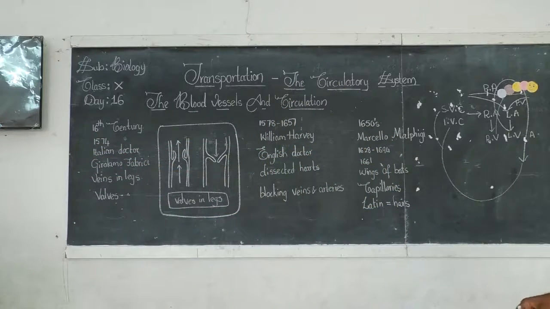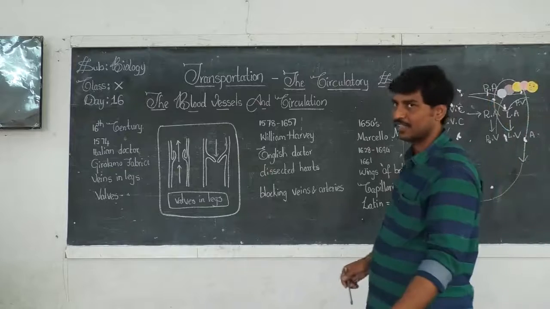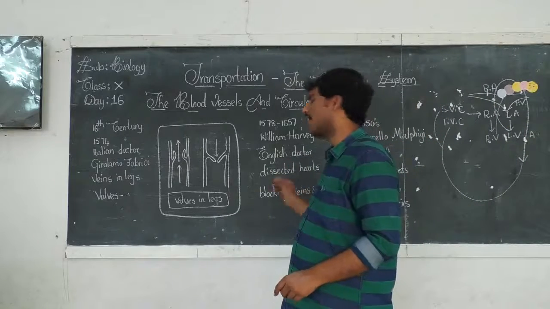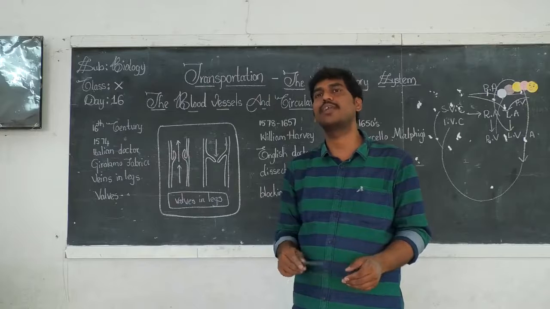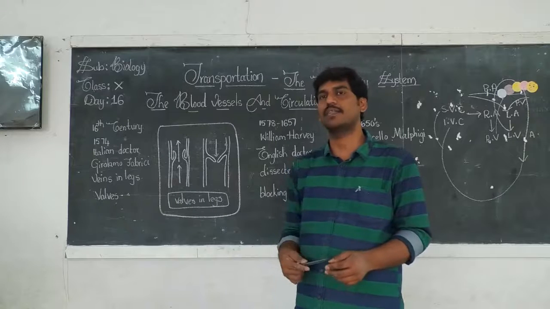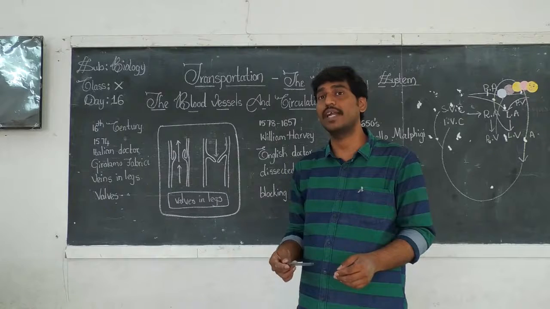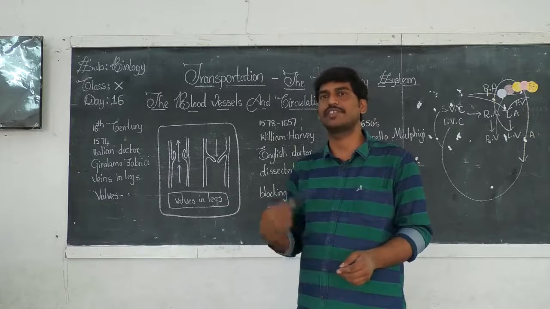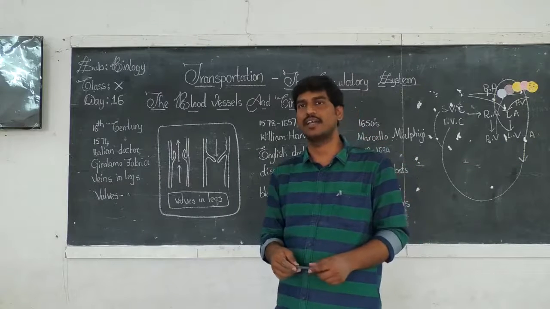But from this activity we can say that arteries are the blood vessels which carry blood away from the heart, and veins are the blood vessels which carry blood towards the heart.